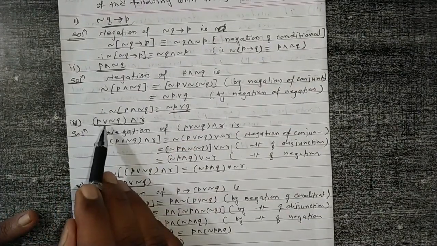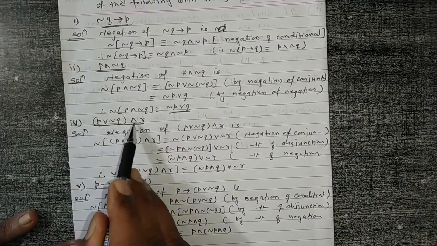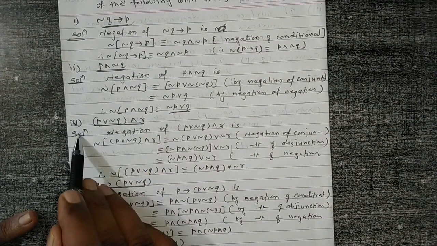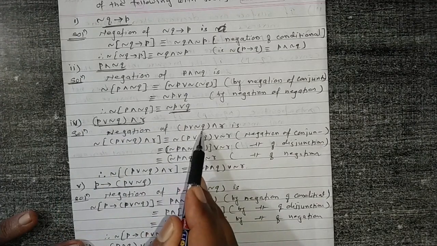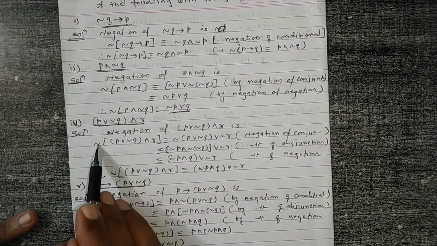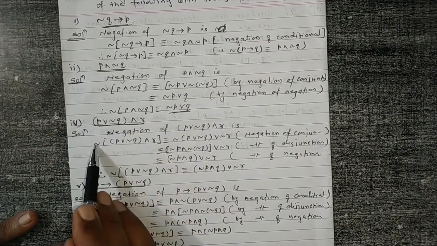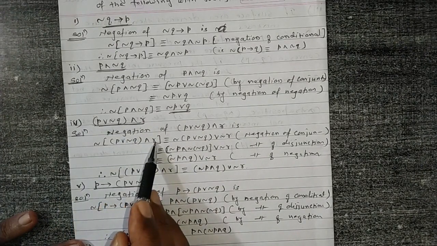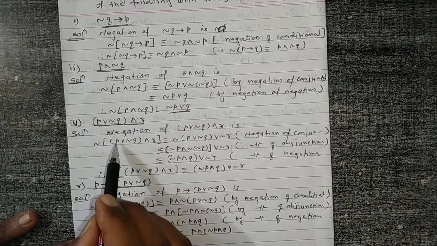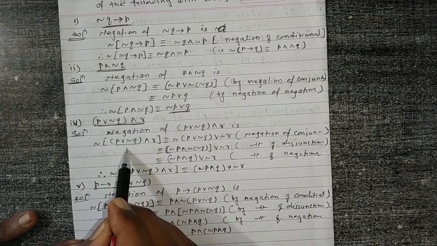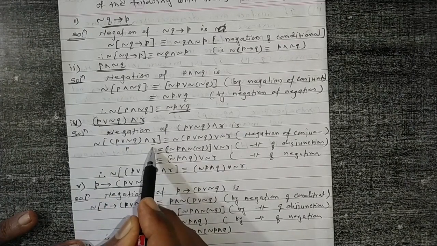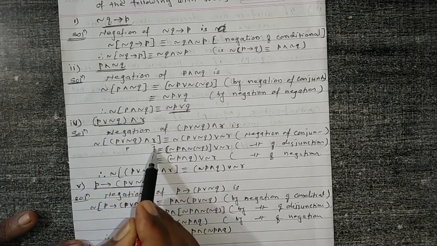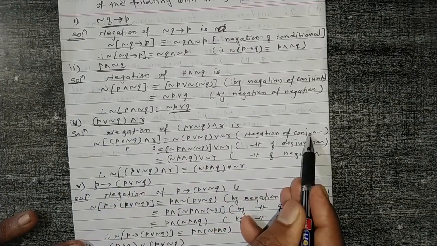Now, third, P disjunction negation Q conjunction R. Now, its solution, negation of P disjunction negation Q conjunction R is, we can take the negation of the given statement. Now here first bracket we can consider as P and second R consider as Q. That is, we can use negation of P conjunction Q, that is negation of conjunction.